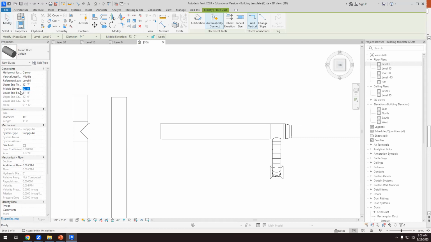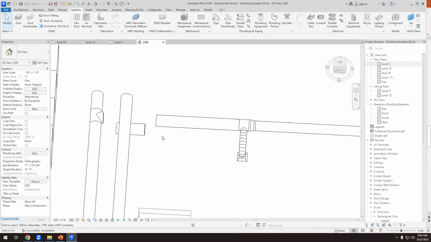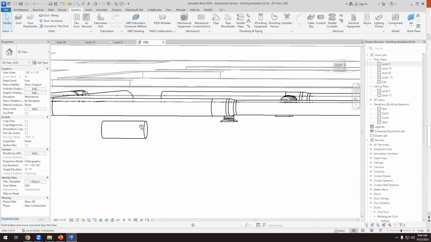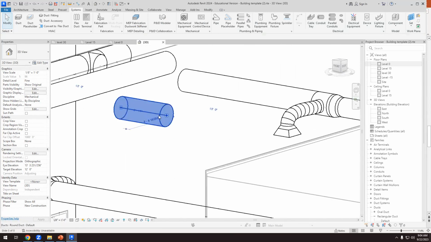I'm going to make it 10, the middle elevation, and I'm going to create a duct this way. Okay. And now I go to the 3D view, I rotate this, and yeah, so 10 is more than enough.